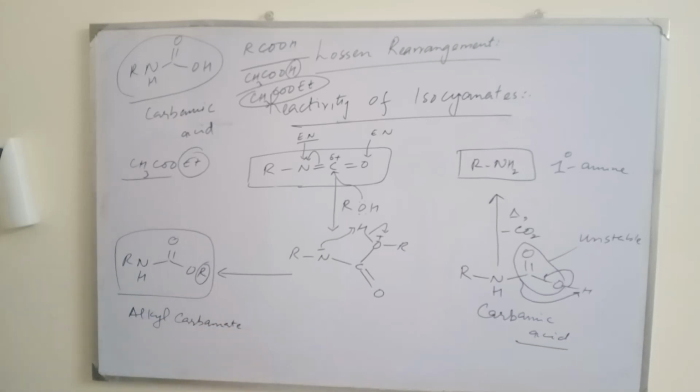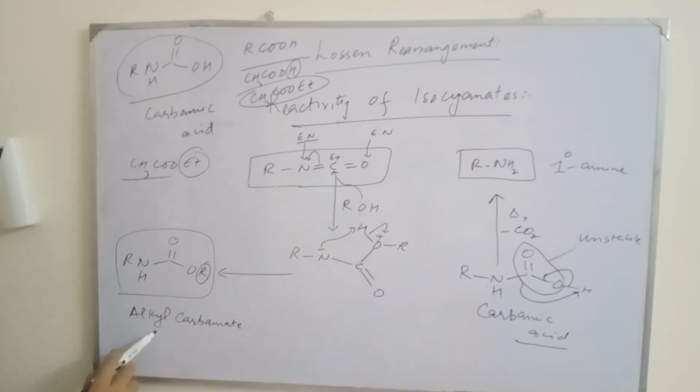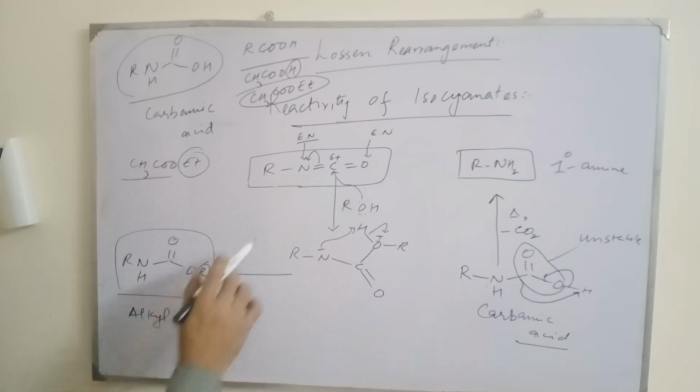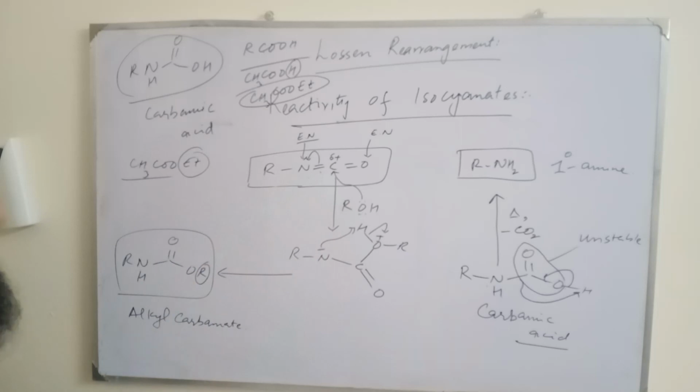So when isocyanate is treated with water, we get carbonic acid. And when isocyanate is treated with alcohol, we get alkyl carbamates or carbamates. And when isocyanate is treated with amine, we get urea derivatives.